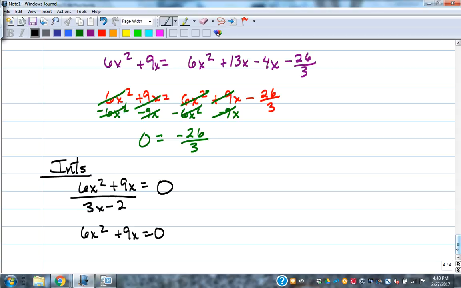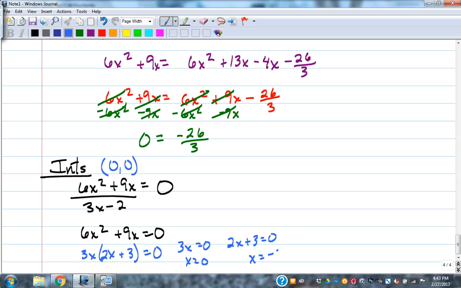Ends up being just the numerator that you need. So factor out. We've already factored that once. So 3x times 2x plus 3. So we get x-intercepts at 0, 0. So it's 3x equals 0, and so that's x equals 0. And then we set 2x plus 3 equal to 0. That'd be x equals negative 3 over 2.